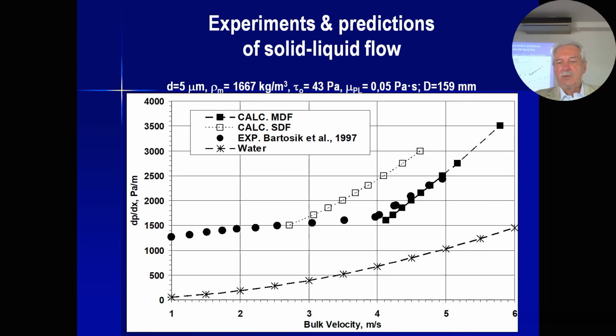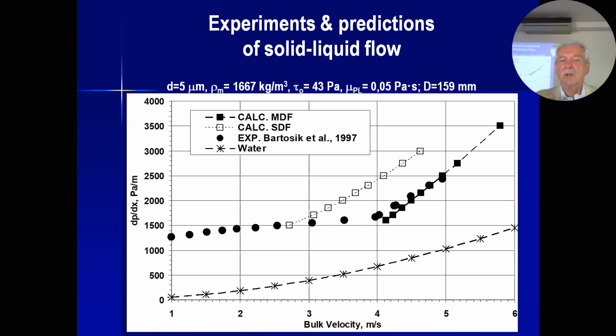And we see at the bottom there are lines appropriate for water, but if we consider solid-liquid flow with average density about 1,667 kilograms per cubic meter, and if we assume that this solid-liquid flow is non-Newtonian, we see that cylinders show experimental data.